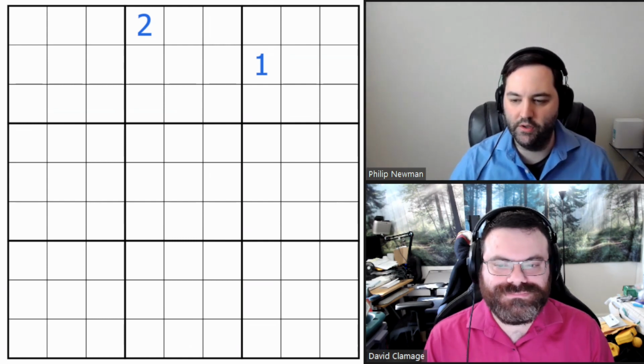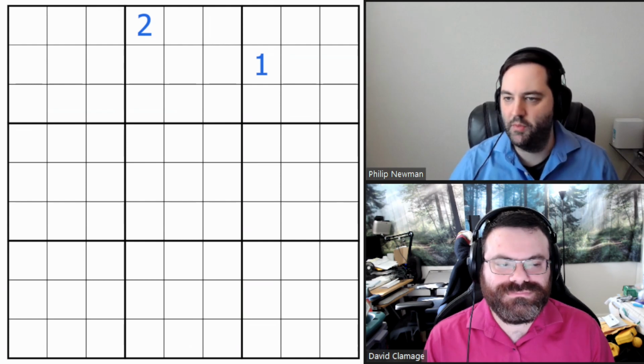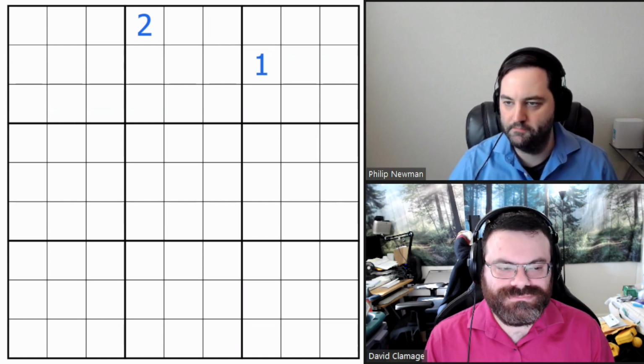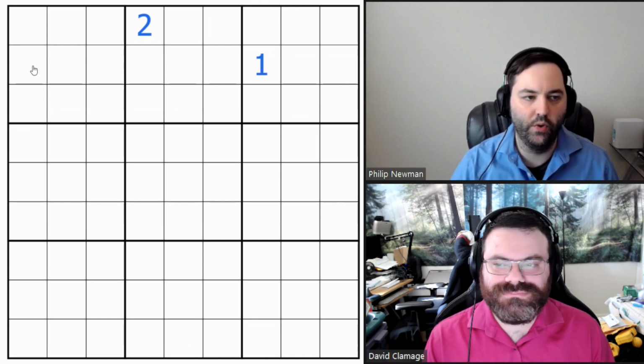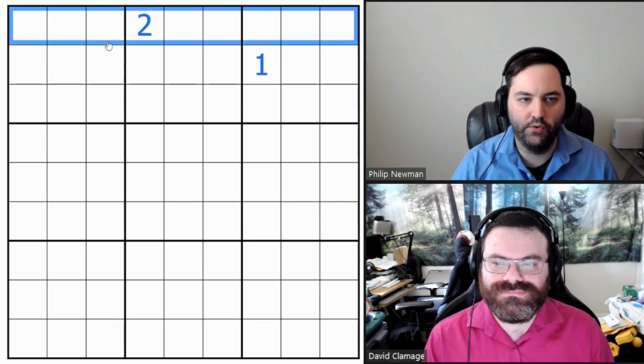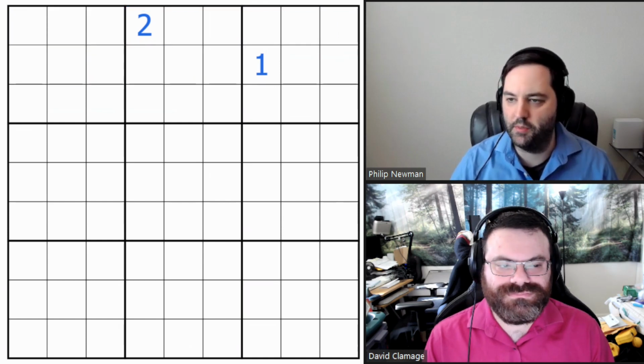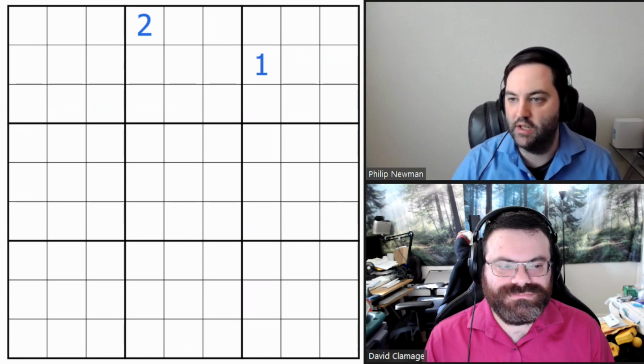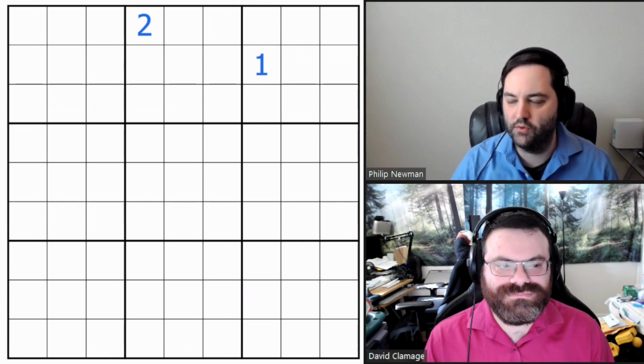And what this is really talking about is transformations of a puzzle that preserve certain properties of the puzzle. So when I swap row 1 and row 2, what does that change about the puzzle? Well, it changes what givens are in row 1 and 2. It swaps them. But it doesn't really change anything else about the puzzle.